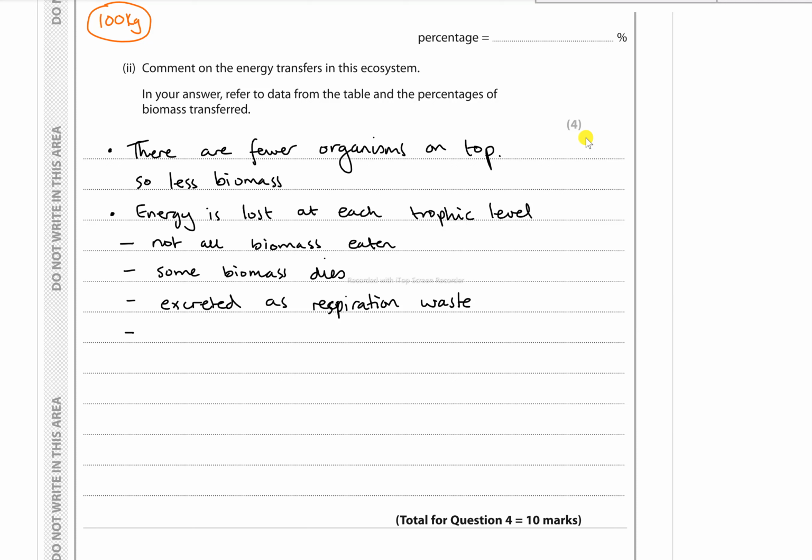What else is there? Right, okay, digested. Not all is digested.